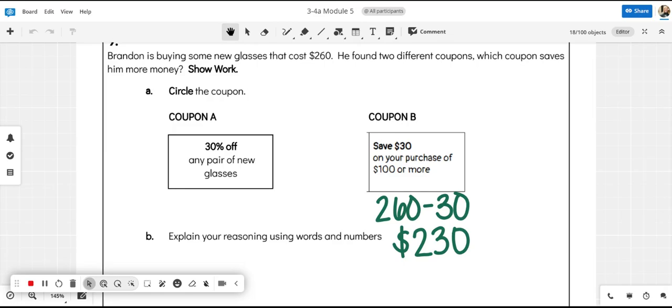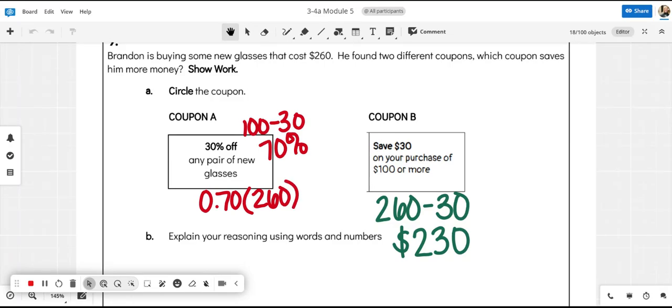If I get 30% off, so back to coupon A, that means I'm paying what percent? I'm paying 70%. So let's think about 70% of the price, which is $260. Take a minute, do that math. Sale price should be $182. So coupon A is more.